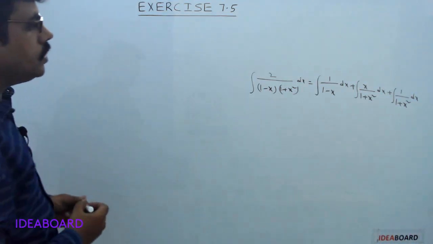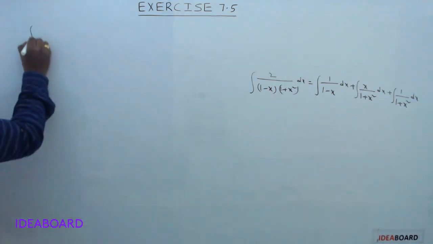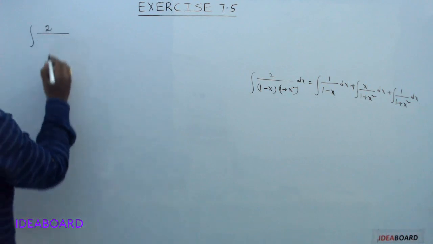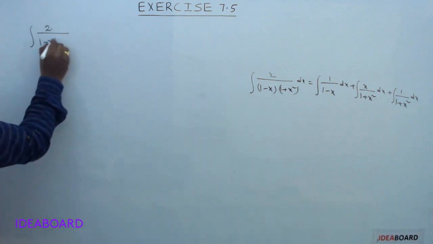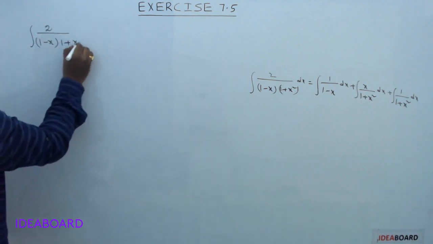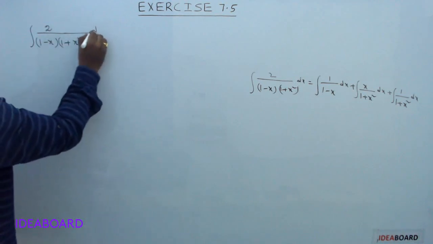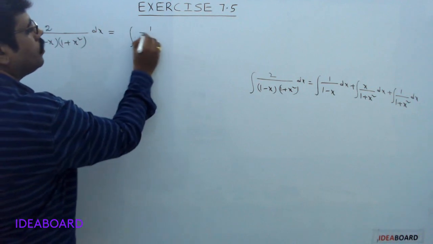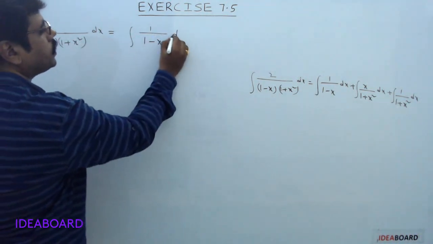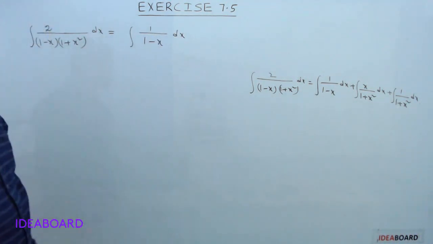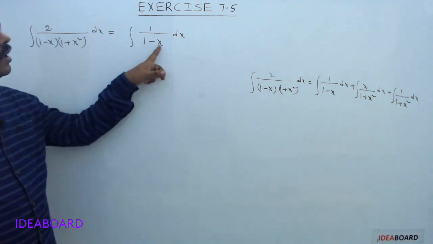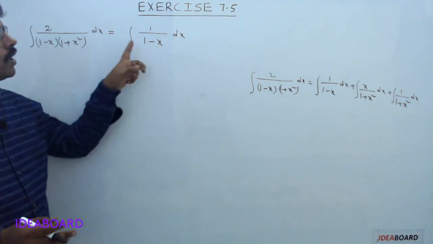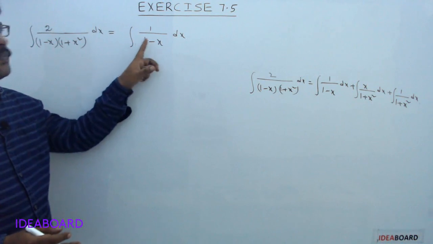Now see the continuation. Integral 2 divided by 1 minus x into 1 plus x square dx equals integral 1 divided by 1 minus x dx. Now what is the derivative of 1 minus x? 1 is a constant term, its derivative is 0.